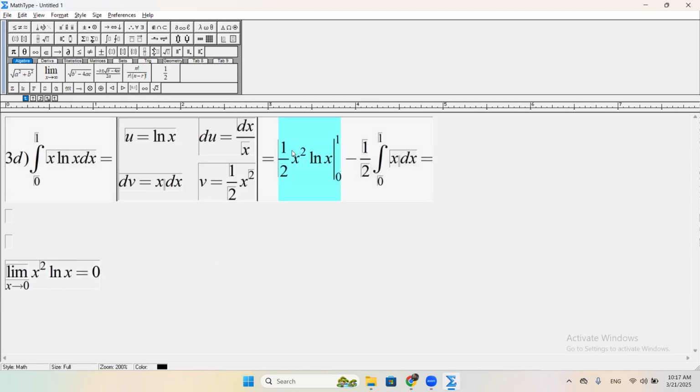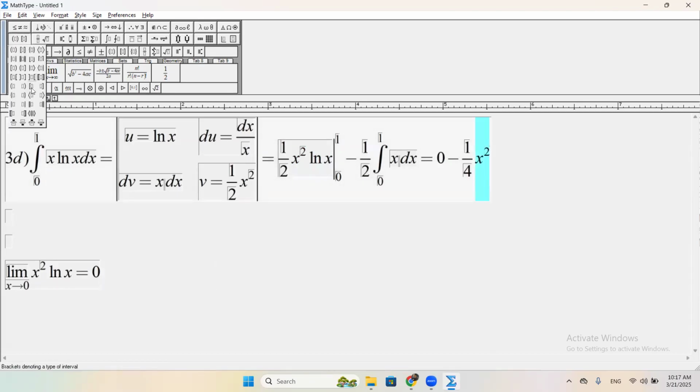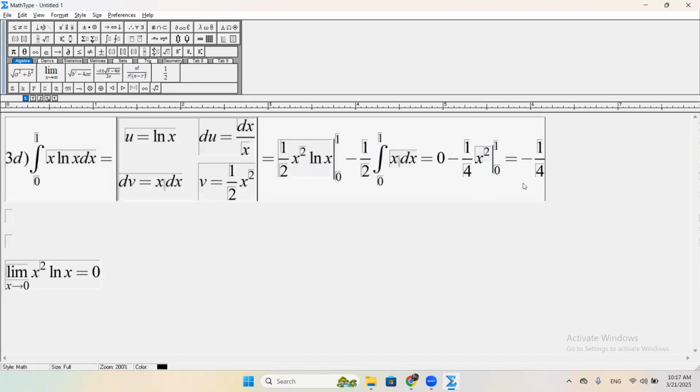So here we have 0. So 0 minus 1 over 4 x square with substitutions from 0 to 1. And the final answer is minus 1 over 4. Any questions about this exercise?